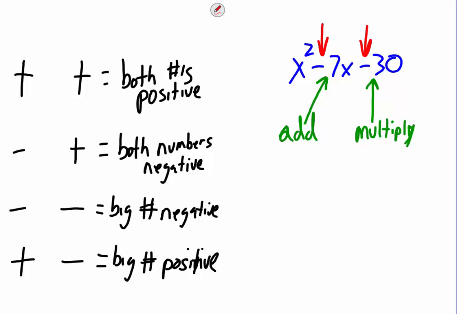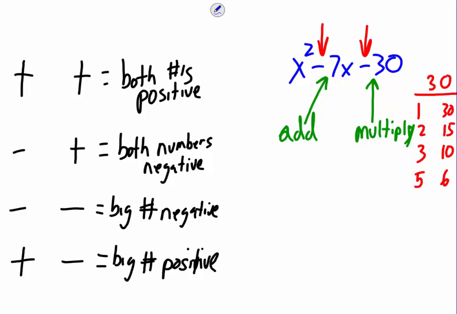So I'm going to take my 30 and move it off to the side, and I'm going to write out all the factors of 30, all the numbers that multiply to 30. I always start out with 1 times the number, because that's the one that everybody forgets. So 1 times 30, 2 times 15, 3 times 10, 5 times 6. Then I'm going to look over to my cheat sheet, and it's a negative, so the big number is negative.